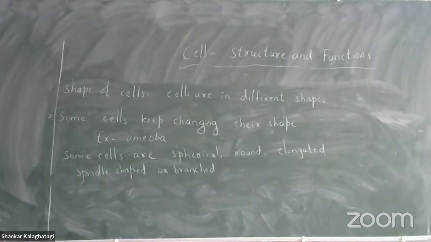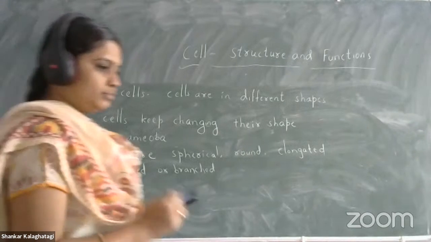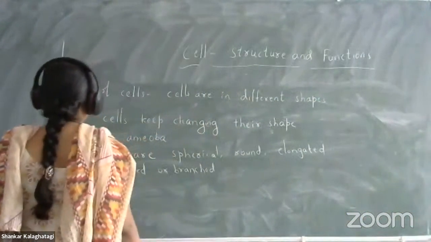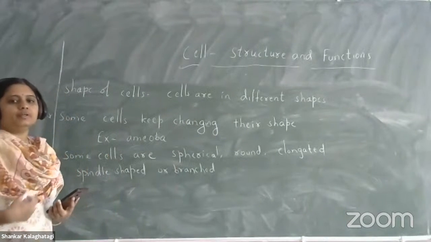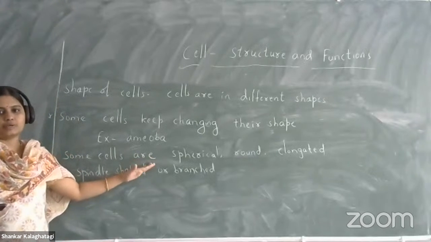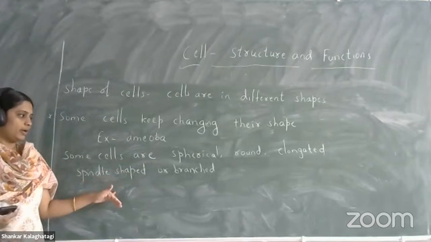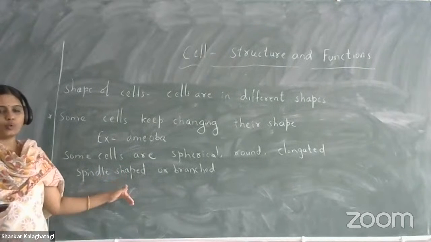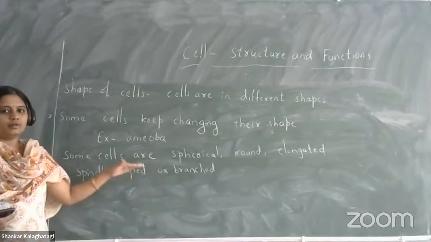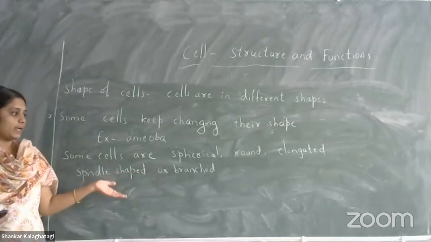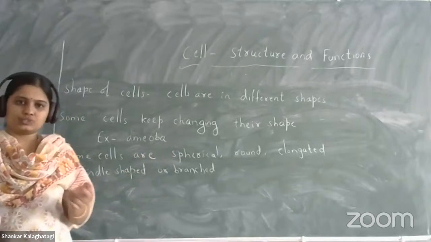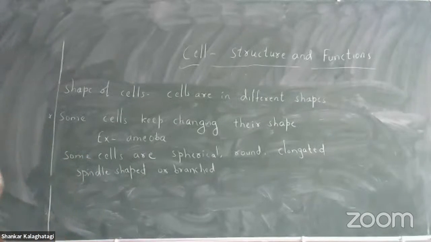Some cells are spherical, round, elongated, spindle shaped. In our body we have these types of cell shapes, students. Red blood and white blood cells we can see in round shape. Nerves we can see branched. We have many parts, xylem, phloem, these parts, or spindle we say. That we will discuss in the plant and animal cell.